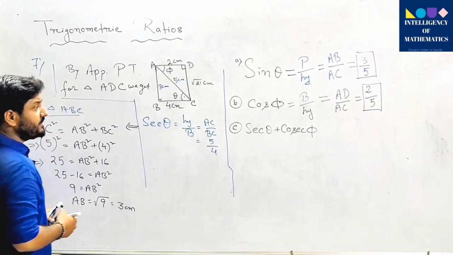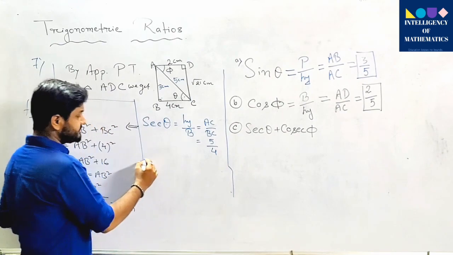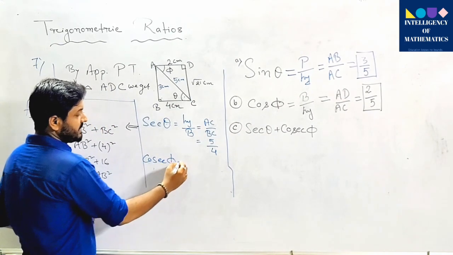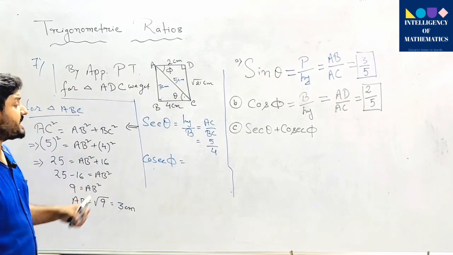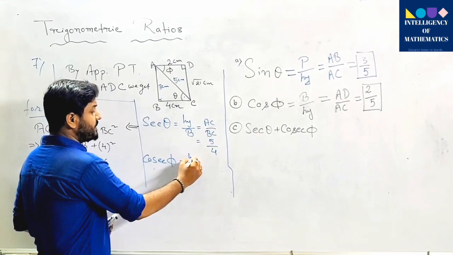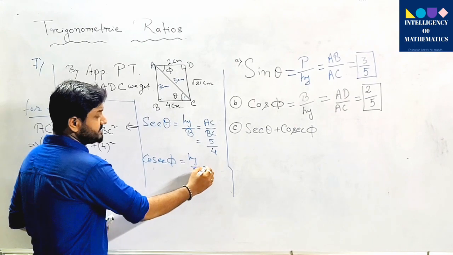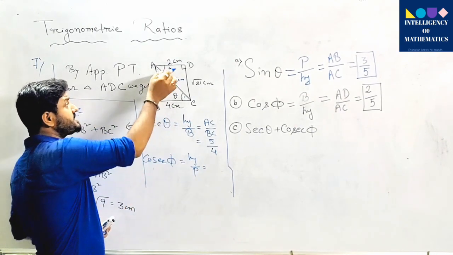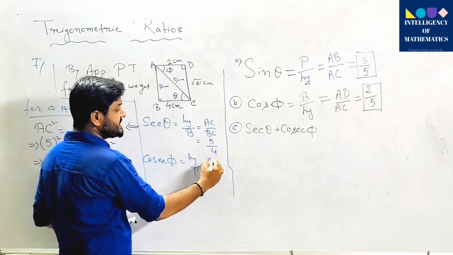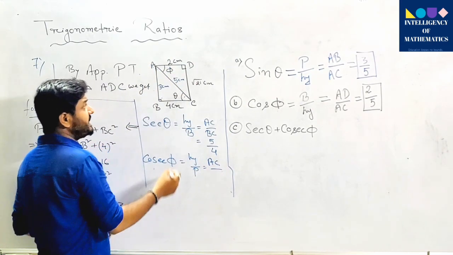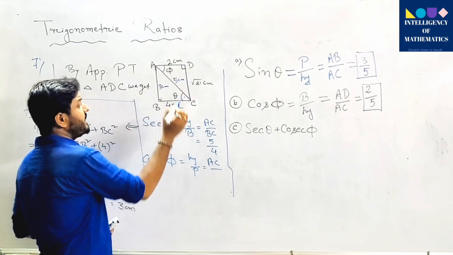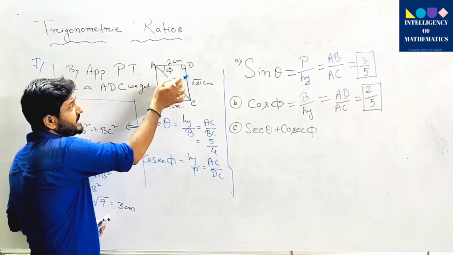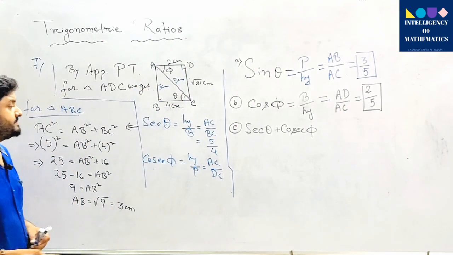In the same way, if you want to calculate cosec phi, cosec means hypotenuse by perpendicular. Phi is the considering angle of this. So according to this triangle, the hypotenuse is AC. The perpendicular, according to this, will be DC, as the side in front of the considering angle is the perpendicular.